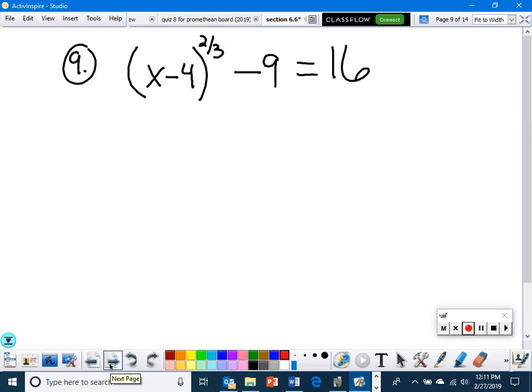Now we need to look at a couple of other types of equations, like this one. We kind of did some of this in our first lesson, except we didn't have rational exponents. So here we go. The first thing we're going to do is add 9.